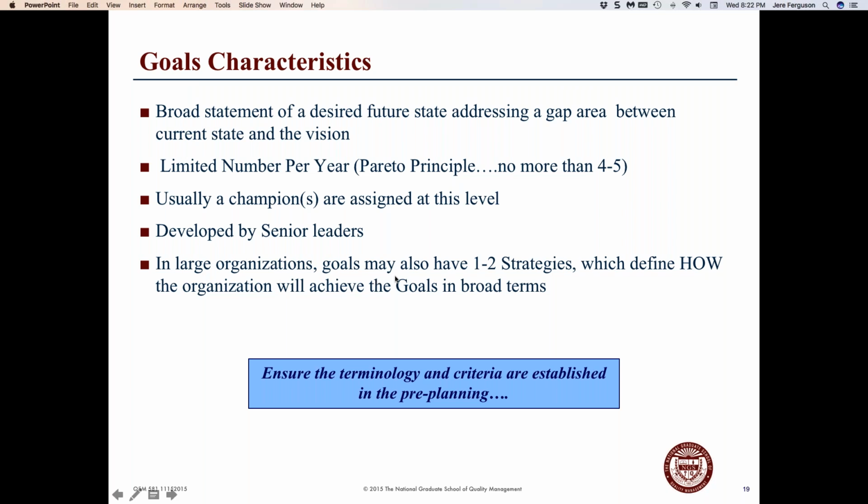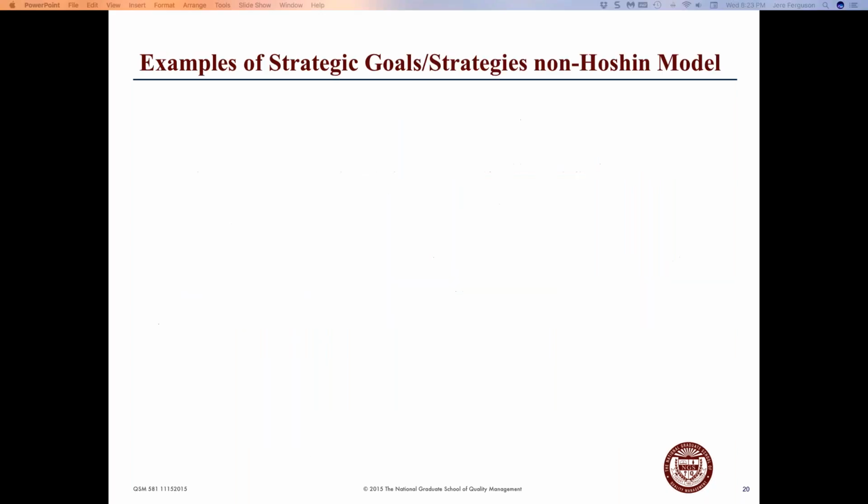In large organizations, goals may also have 1 to 2 strategies, which define how the organization will achieve the goals in broad terms. And typically, they are cross-functional. Goals normally are not specific to a department or a work center. They're normally cross-functional across the entire organization. And these are just general characteristics that we see in goals.